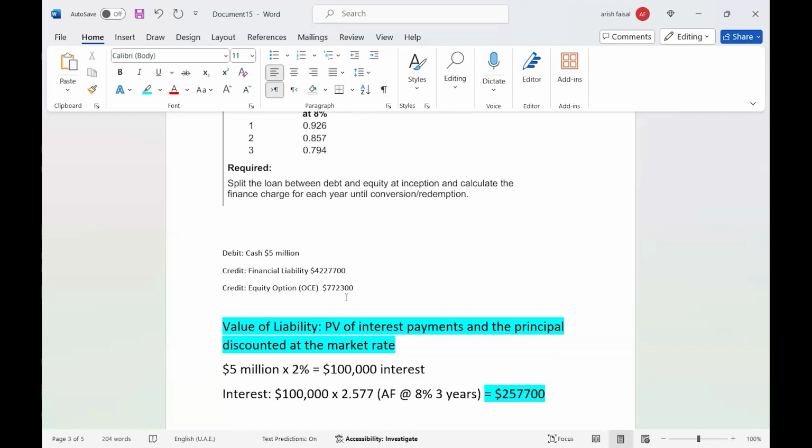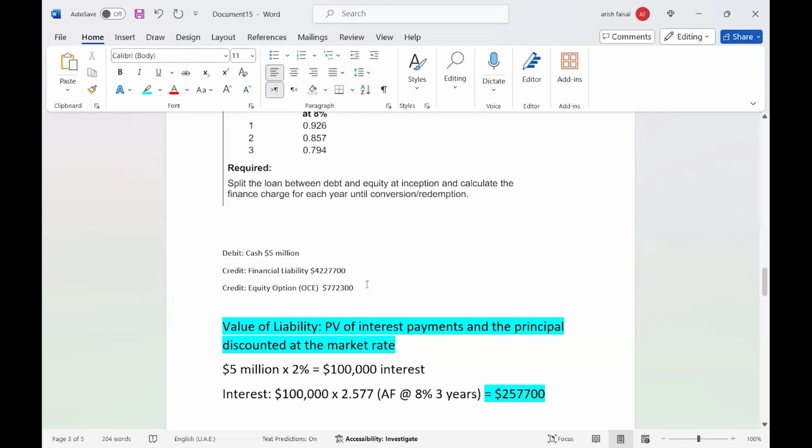As far as your syllabus is concerned, you don't have the entry for what happens at the end of the third year. So let's assume that it will be a repayment of 5 million, and we won't have any conversion of the shares. The conversion of shares is part of the SBR syllabus, right? So right now this video is focused only on the financial reporting syllabus, so I'm just going to stop there.